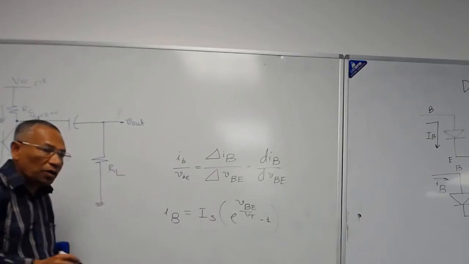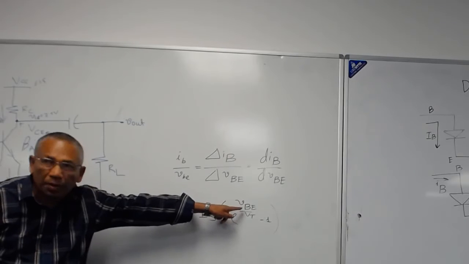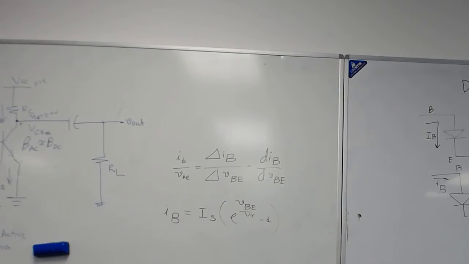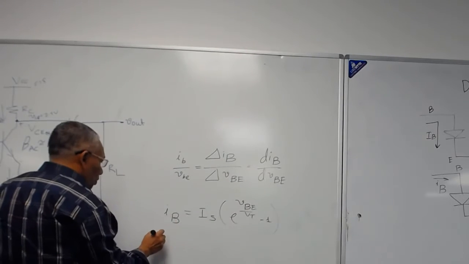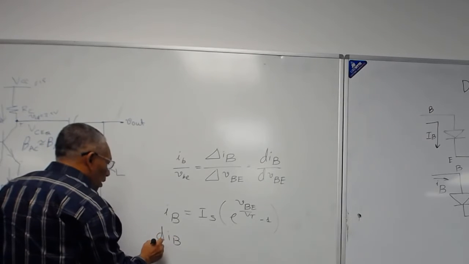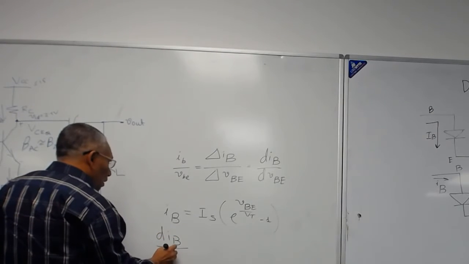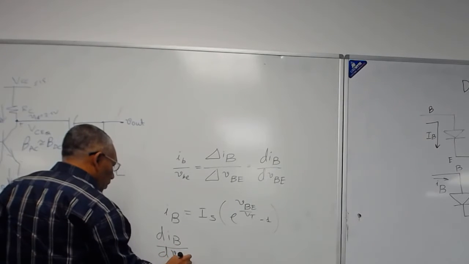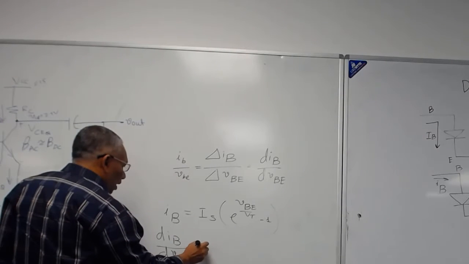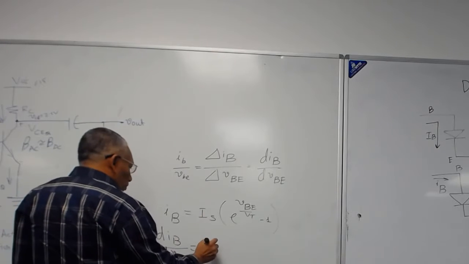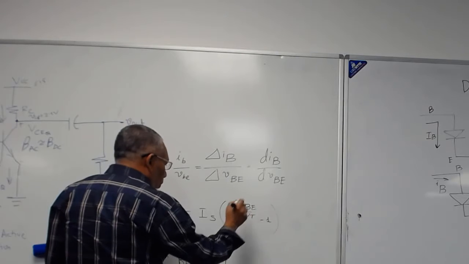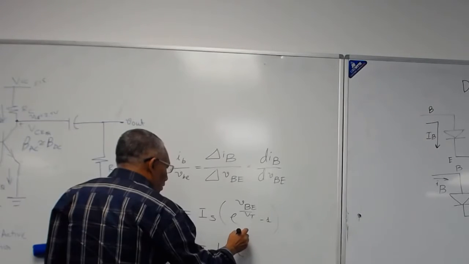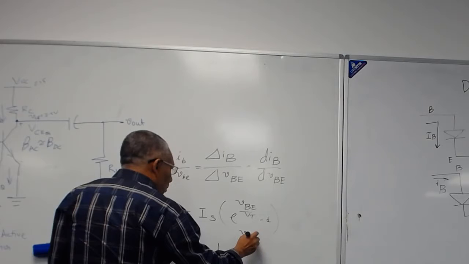This is the equation of the diode for the composite base emitter voltage small v big B. If you differentiate this with respect to VBE, dIB divided by dVBE is equal to IS will stay here, 1 upon Vt will come here, and the 1 will go away. You will have e to the power small VBE by Vt.